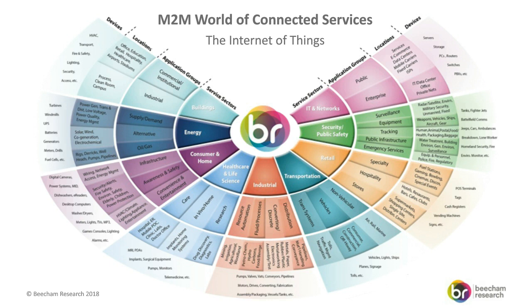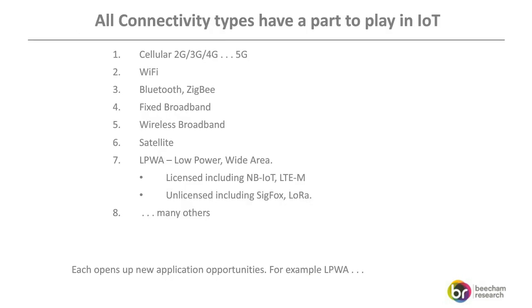So the point here, I think, and this will be strengthened by the discussion today, all connectivity types have a part to play in IoT. Some are competitive, but there are a lot that are complementary. So we have cellular, which we're not going to be talking about today.